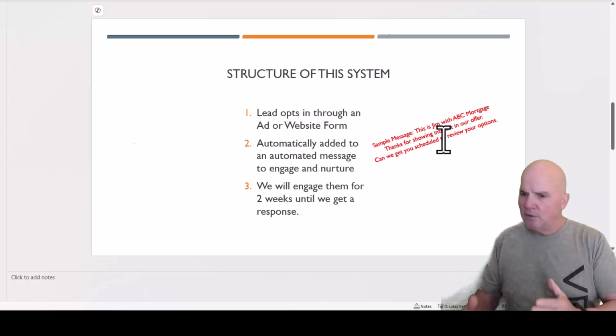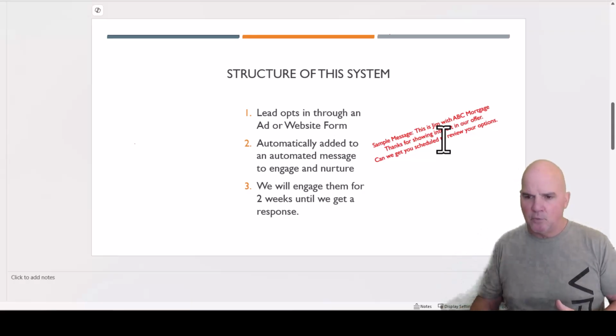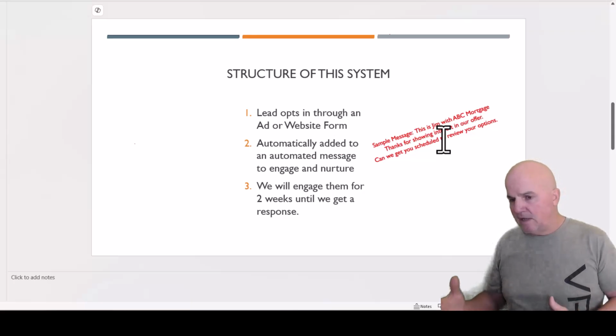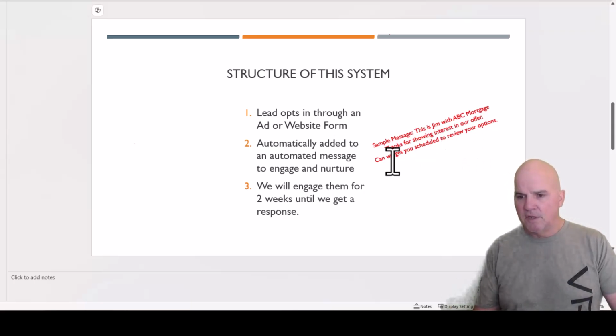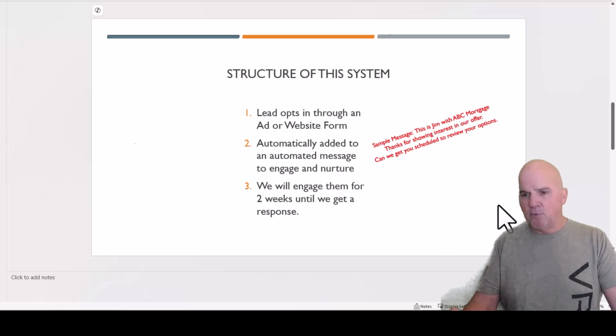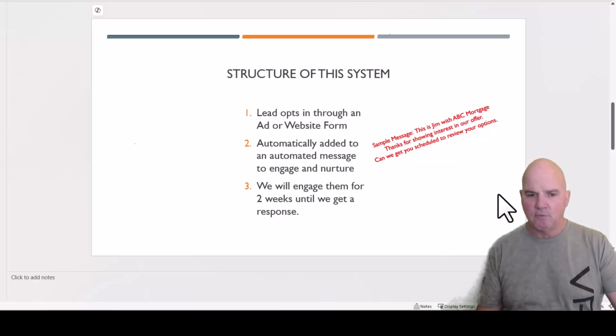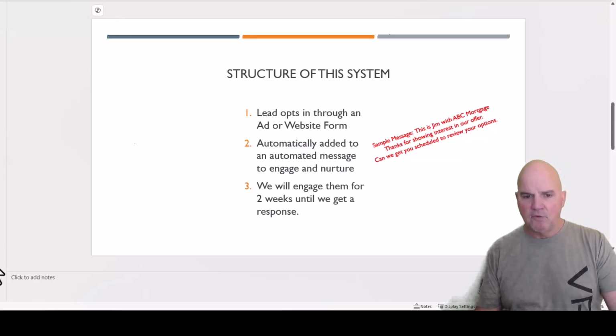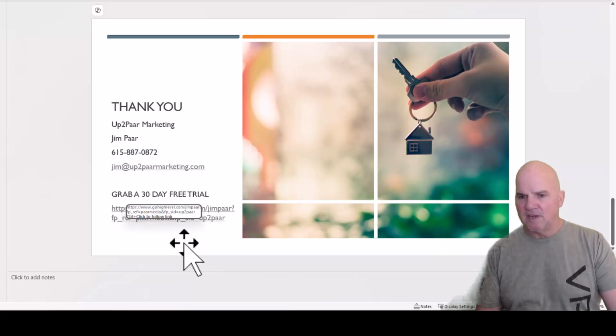And you can do re-nurture campaigns as long as you want. We have them up to over 800 days, so over 2 years. And because we know that people, when they buy a house, they're going to be in your drip campaigns for a long time.